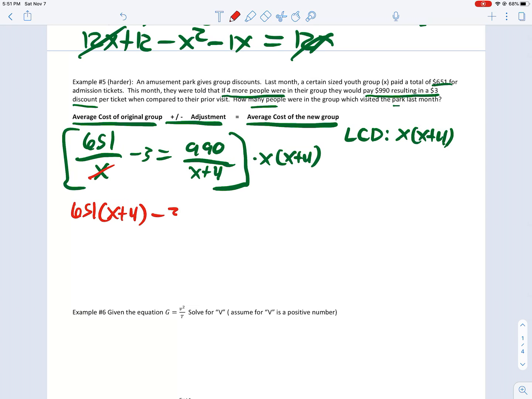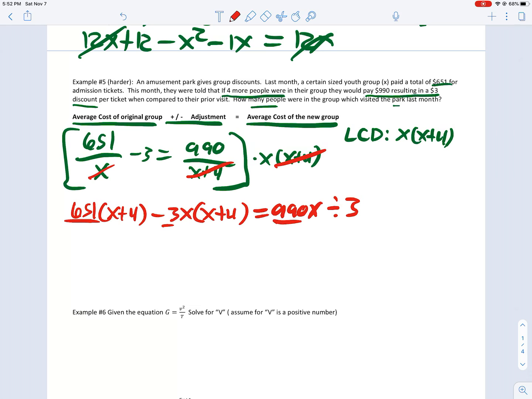Minus, nothing reduces in the second fraction. So 3x times x plus 4. And then the last fraction, the x plus 4 is reduced. So you get 990x. Now it doesn't look like it, but if you look carefully, you'll see that you can divide by 3.